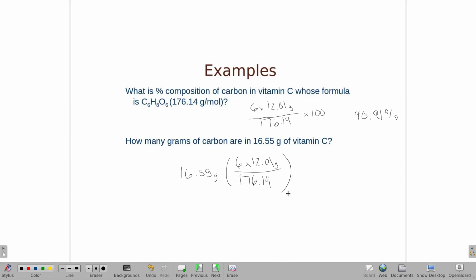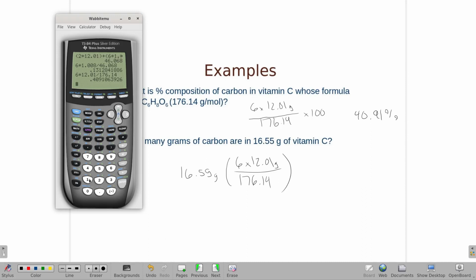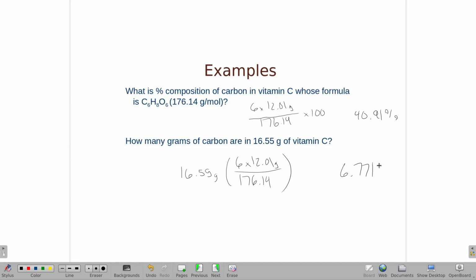Or what we really could do, since we know our mass percent is 40.91, we really could just take that mass of 16.55 and multiply it by 0.4091. And that 6.771 is the mass of carbon in vitamin C if we had 16.55 grams.